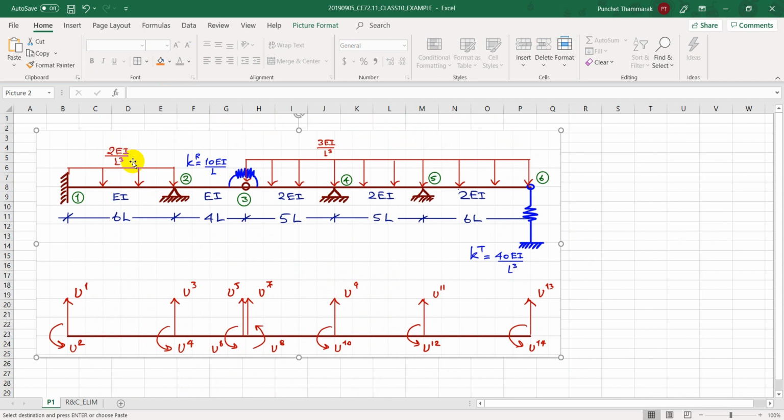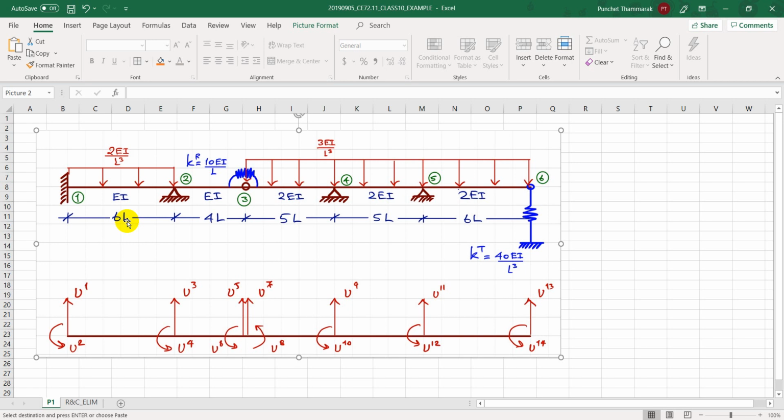The 2EI over L cube applied over the span of 6L. Right? So we have WL over 2. W is 2EI over L cube multiplied by 6L. You get 12 EI over L square.